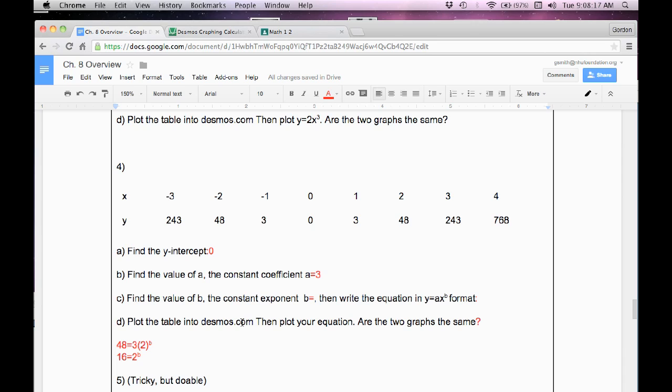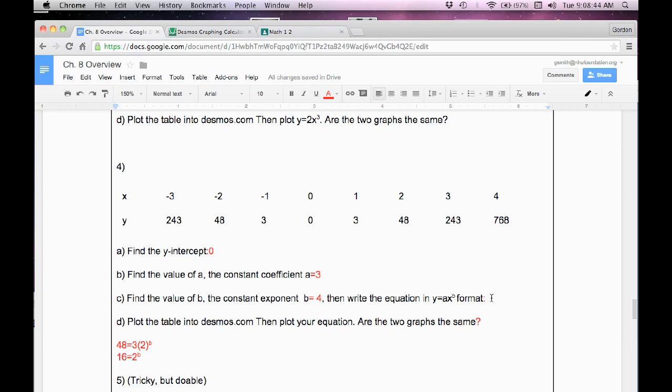So b has to be 4. How do I know that? Because it takes 2 times 2 times 2 times 2 to make 16. So basically I plugged in right here. I already knew the a was 3, so I put the a there. I knew that the y was 48, so I put that there. And I knew that the x was 2, so I put that there. I divided by 3, I got this equation, and I solved for b.